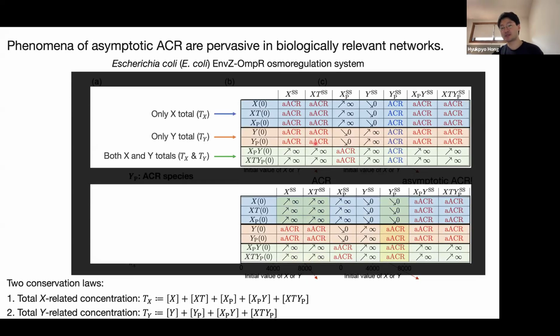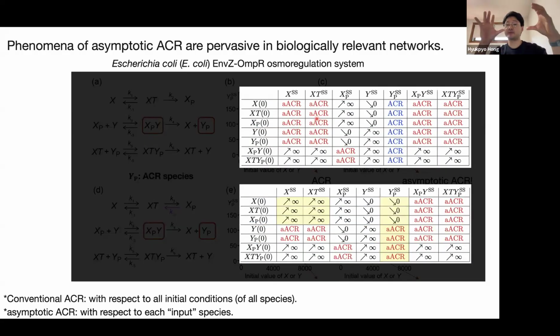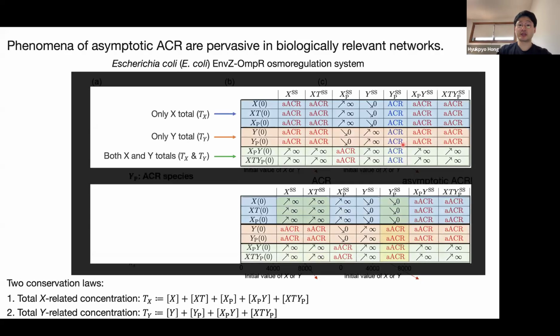But still, you see a kind of large block structure, sub-block structure on the table, and there's a reasonable and theoretically natural observation on this table because we can group several species into different conservation laws.